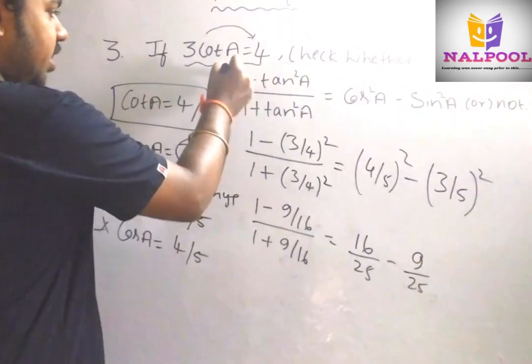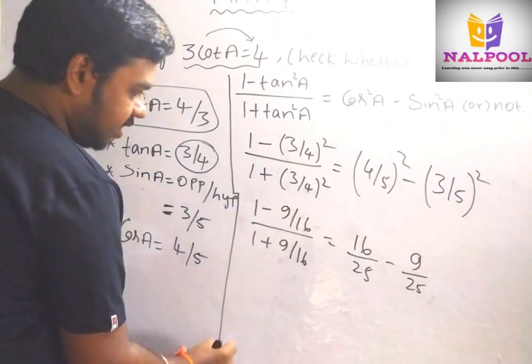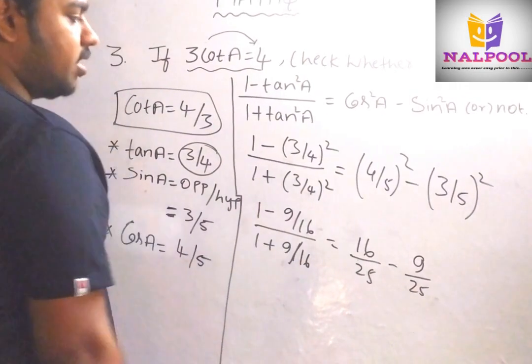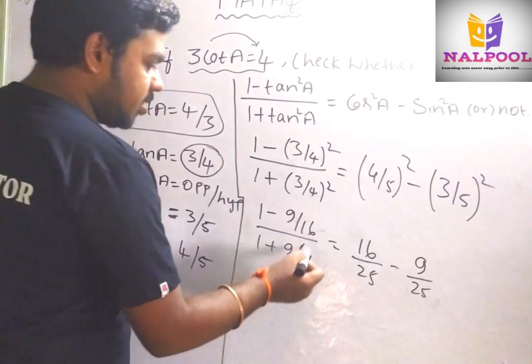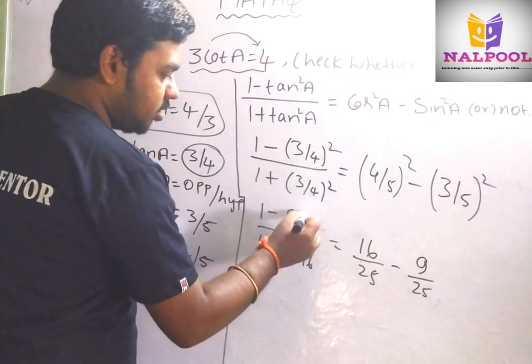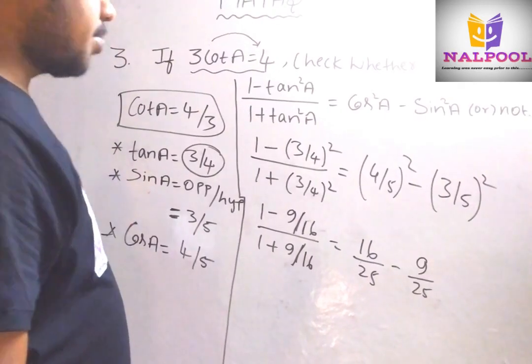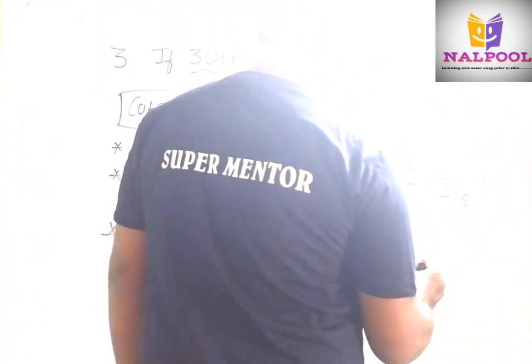Friends, students will solve problems till this point. Then the confusion arises. What next? What is the next step? Simply look at this. In mathematics, we have some basic things, friends.